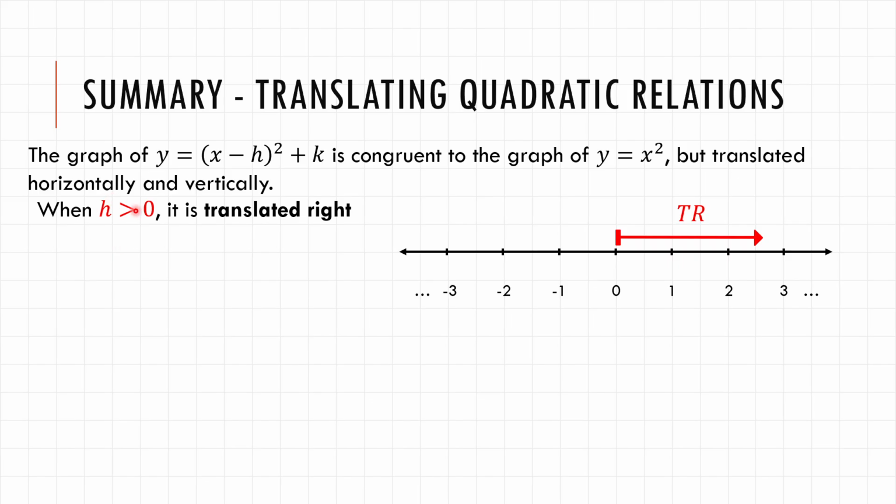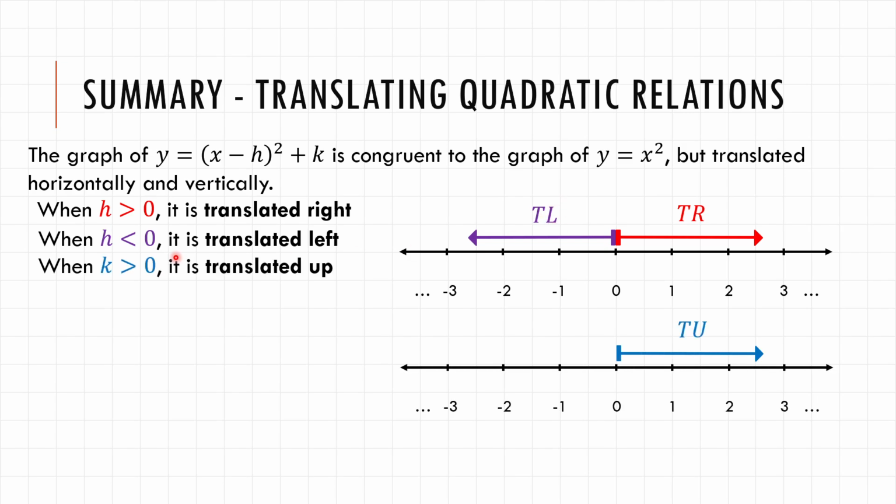When h is greater than 0, when h was a positive number, the parabola seems to have been translated to the right. And when h was a negative number, when it was less than 0, the parabola was translated to the left.